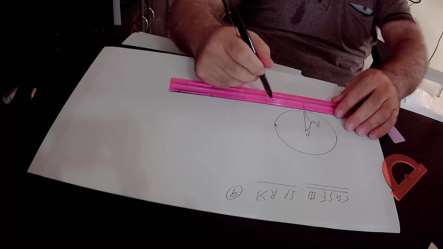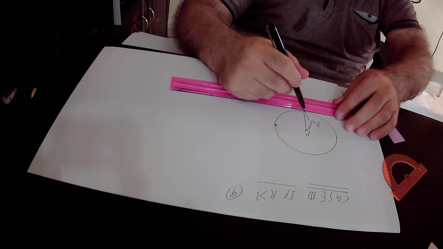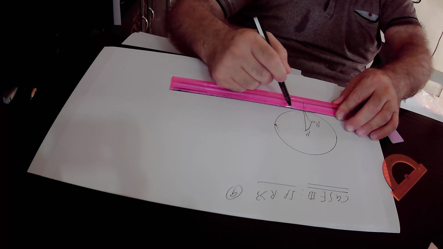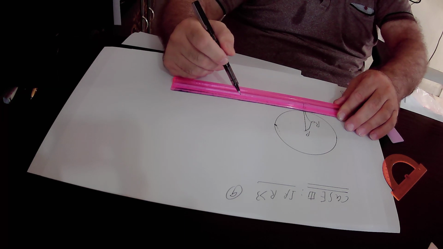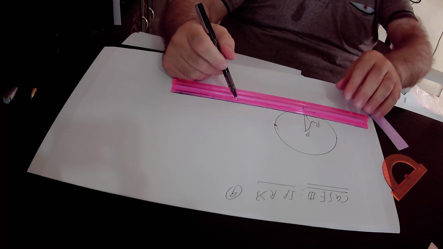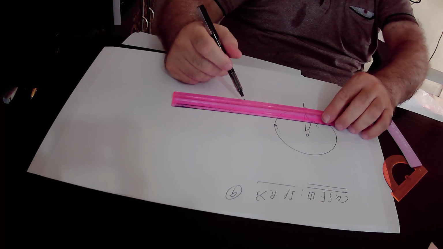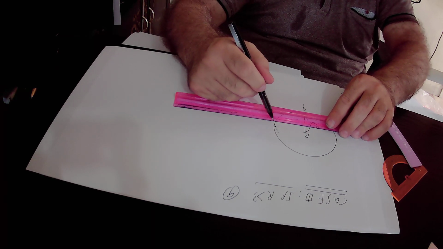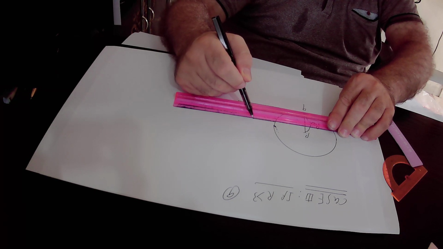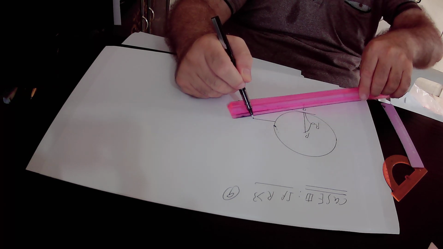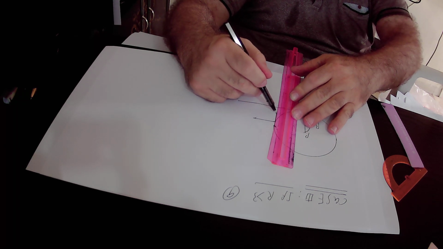Because of the fact that the radius is greater than 3 units, it means that the radius will be higher than the square, that is, the side length of it is equal to 3 units. So here the side length of the square is shorter than the radius.